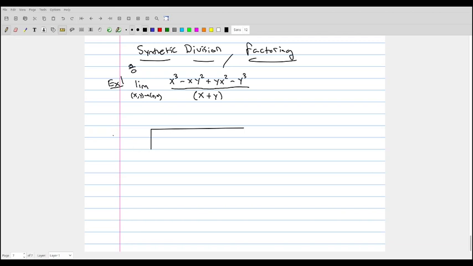Specifically, if you have dividing by the polynomial x plus y, and we're dividing the polynomial x cubed plus y times x squared minus y squared times x minus y cubed.